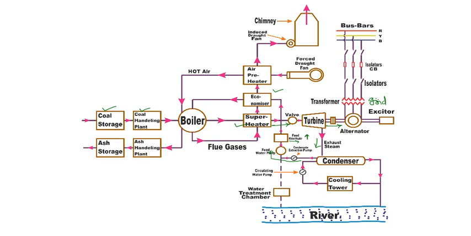Then there is the forced draft fan. There are two fans: the first is the forced draft fan and the second is the induced draft fan. The forced draft fan supplies only fresh air to the furnace, because for combustion we need oxygen, or fresh air, from the environment.